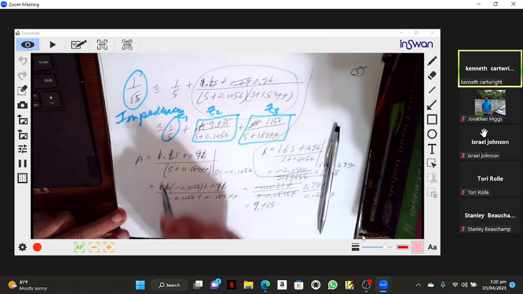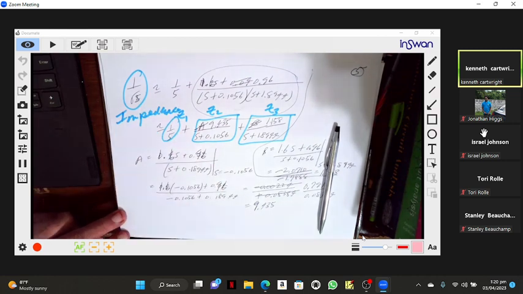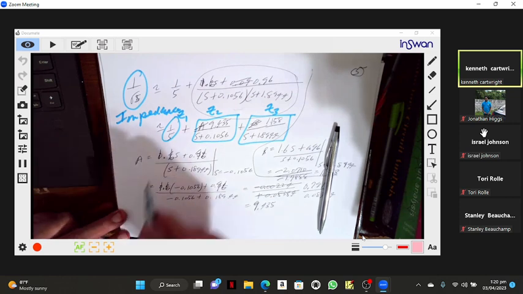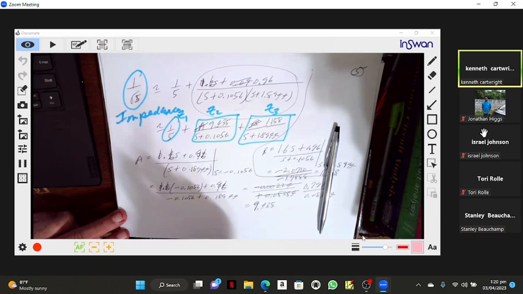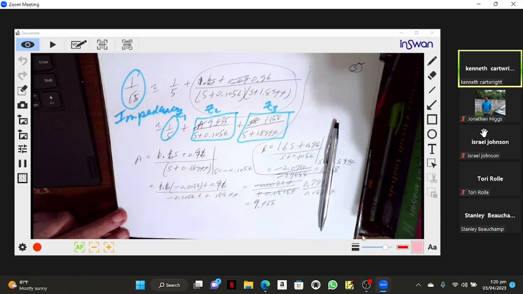What's the first impedance? If I give you impedance equals 1/5 ohms, what component is that?